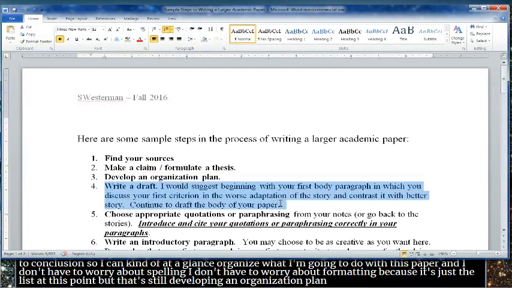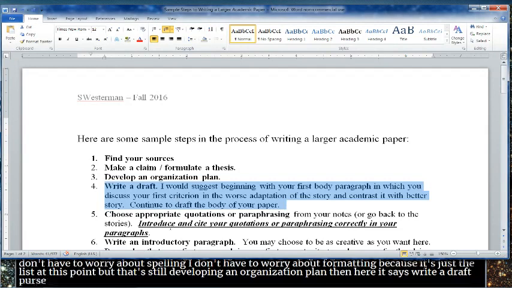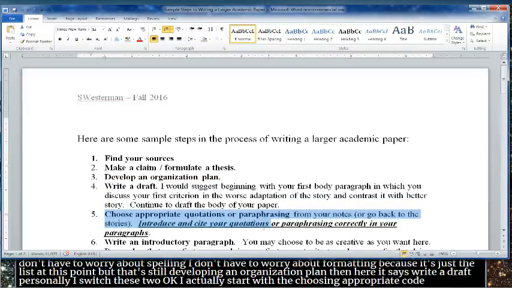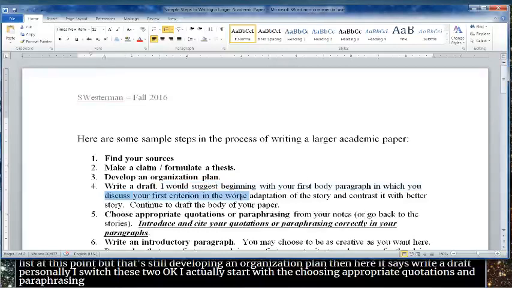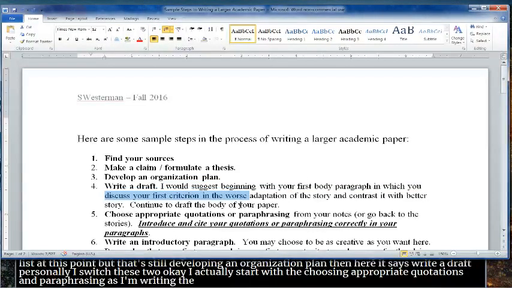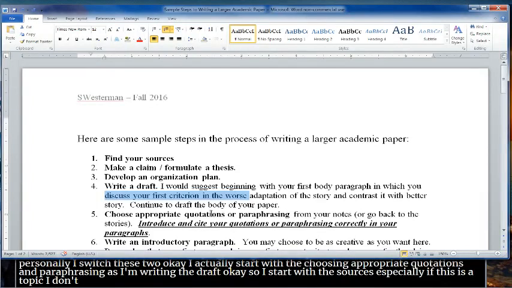Then here it says write a draft. Personally, I switch these two. I actually start with choosing appropriate quotations and paraphrasing as I'm writing the draft. So I start with the sources, especially if this is a topic I don't care about or have an opinion on.